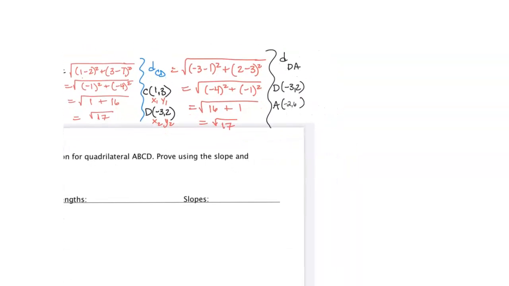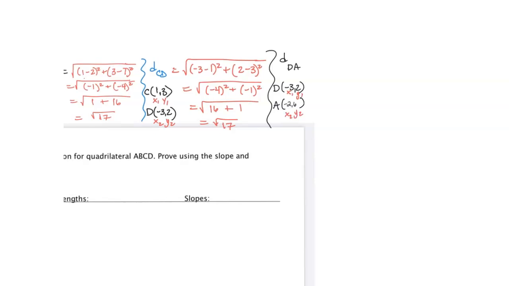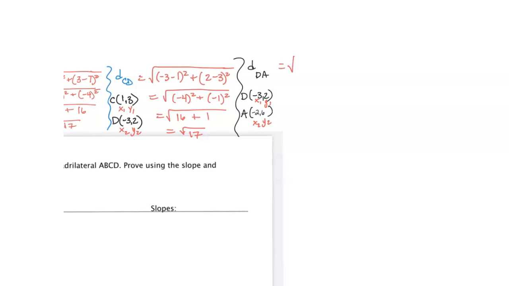Okay. So once again, I like labeling x1, y1, x2, and y2. And let's plug it all in. The square root. x2 is negative 2 minus our negative 3 squared, plus y2 is 6 minus y1 is 2 squared. So equals a negative 2 minus a negative 3 becomes negative 2 plus 3.